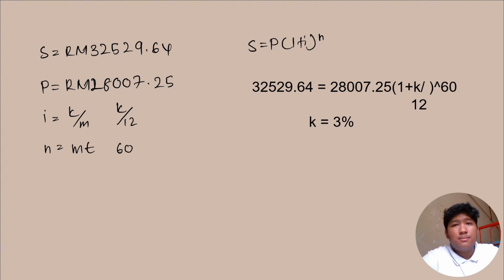So the solution is 32,529.64 equals 28,725 in bracket 1 plus K per 12 close bracket the power of 60. The answer will be K equals 3%.